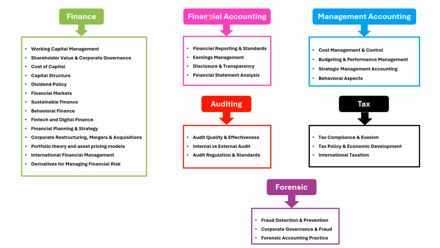Now, if your broad area is financial accounting, and once you narrow down that broad area into different topics that you have learned at your undergraduate or postgraduate level, these are some of the summarized topics you could consider as an example. Here you can see financial reporting and standards.